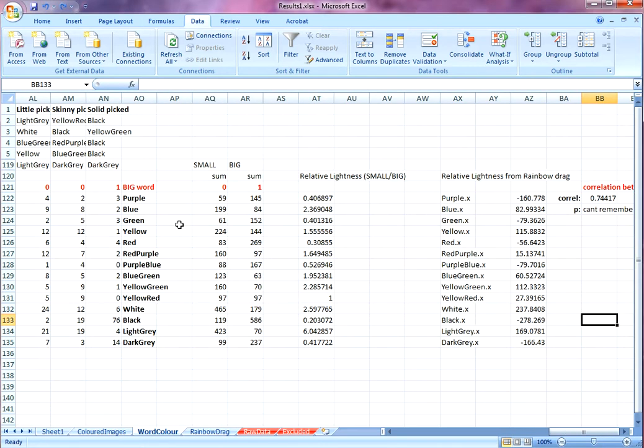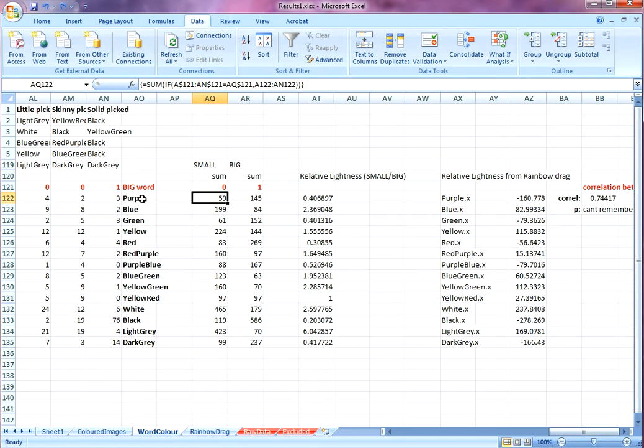We now have, in the next couple of columns along, a sum over all of the words of the total number of times people picked purple when the words were light, and when the words were heavy.